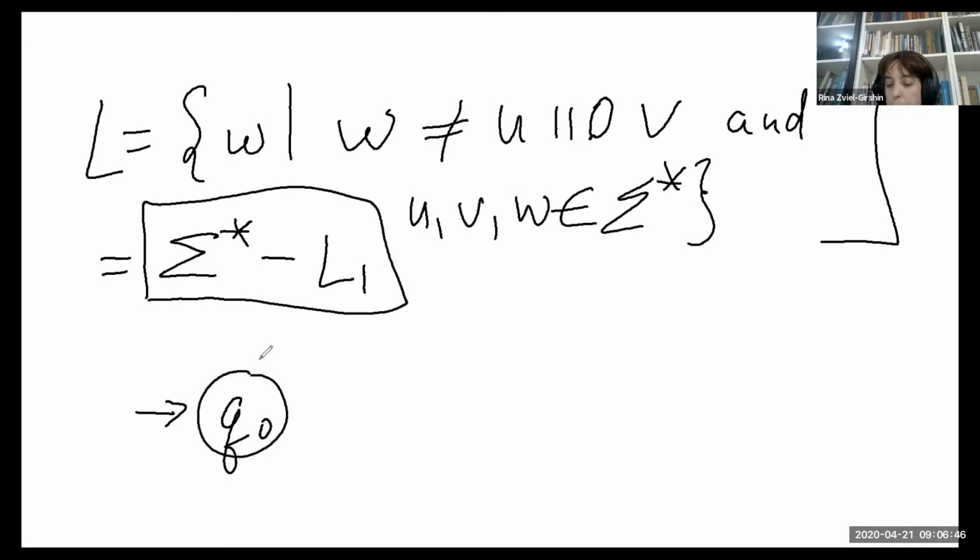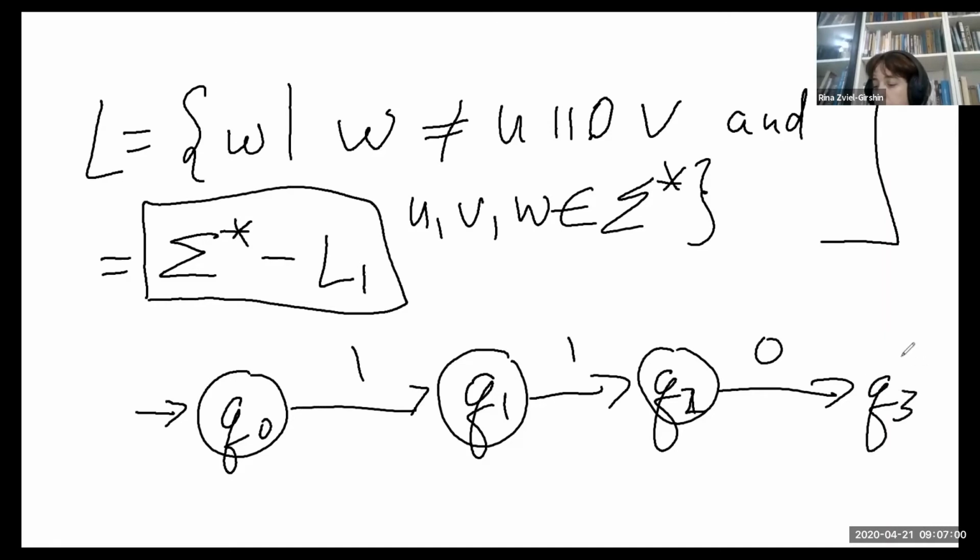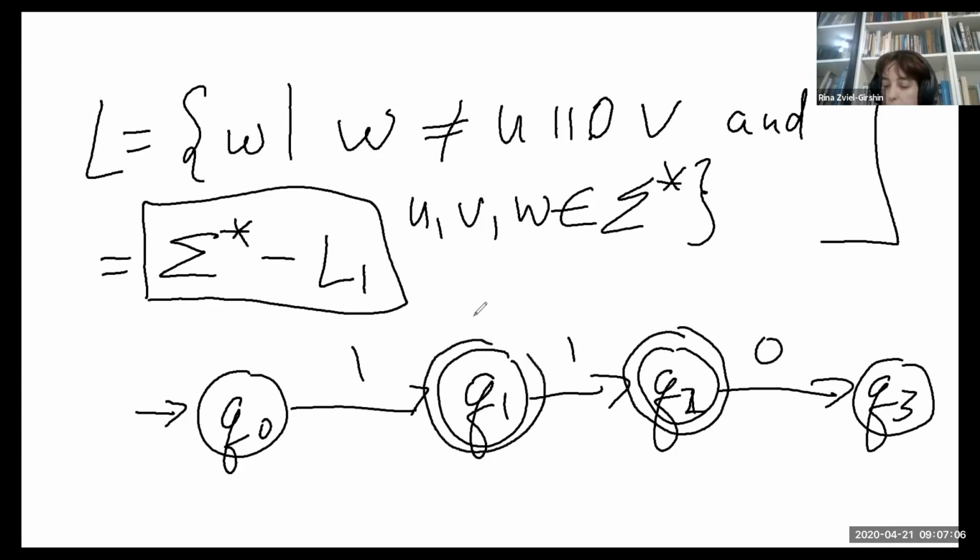So once again, a brief explanation. We start with Q0, and we are trying to find the substring 110. And if we have 110, then this state is not accepting. All the rest of the states we have here are accepting states. So in Q0, with 0, we stay in this state.